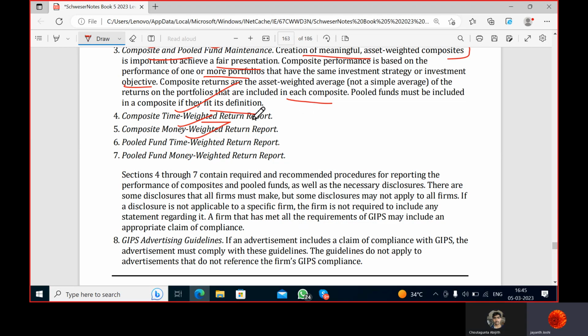So pooled funds are like mutual funds, correct? Yes, that is what I just told. Pooled funds are mutual funds, hedge funds. But then, what are composite funds?